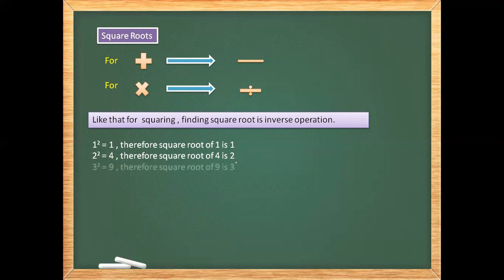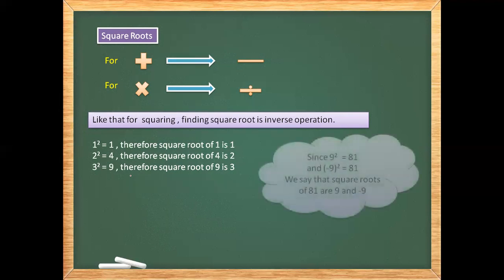3 squared is equal to 9. So therefore square root of 9 is what? 3. Means 9 is the square of what? 3. So that's why square root of 9 is 3. Now see children, one more thing, here we are saying that the square root of 9 is 3. But here if you observe, 9 squared is what? 81.